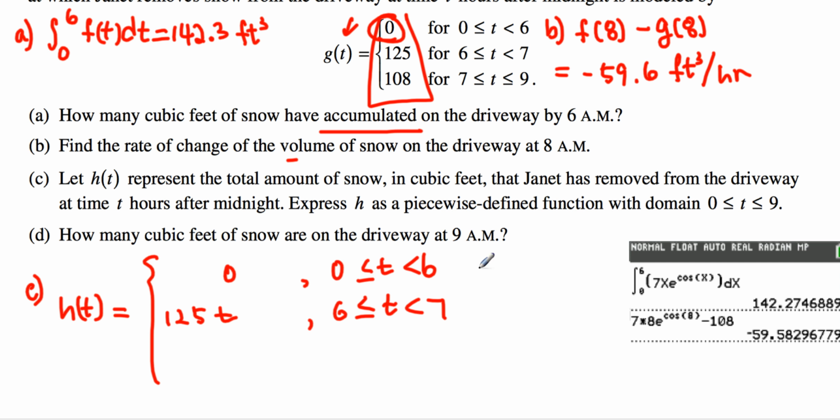But the thing is, this t is only affecting hours after 6. So all we have to do is minus 6 here.